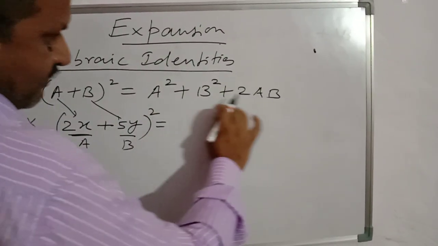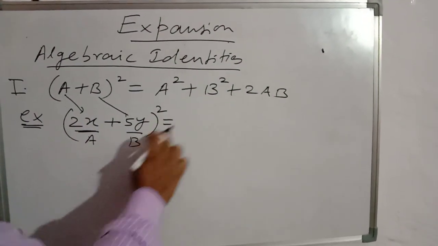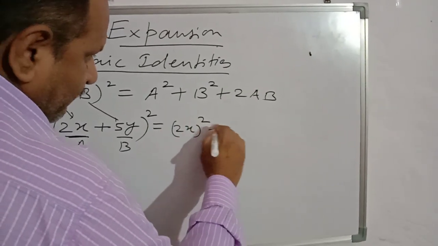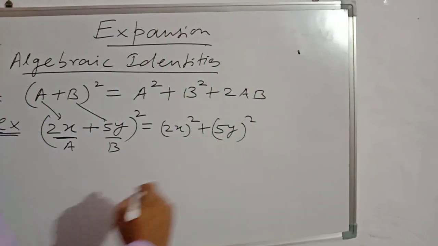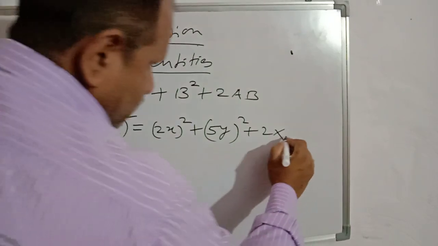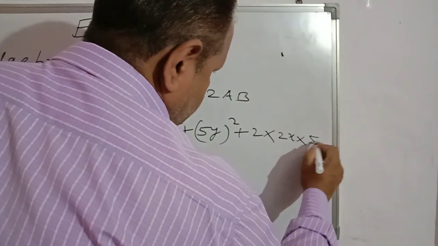So on the right side we put the value of a as 2x and value of b as 5y. So 2x whole square plus 5y whole square plus 2, a is 2x and b is 5y, put here 5y.